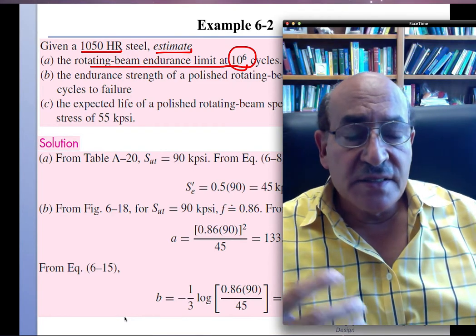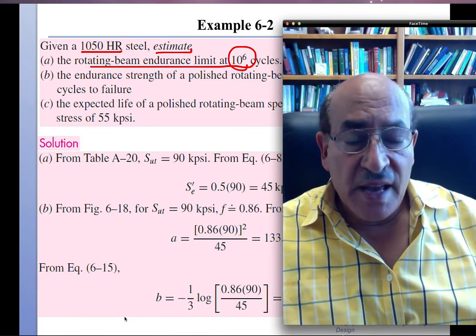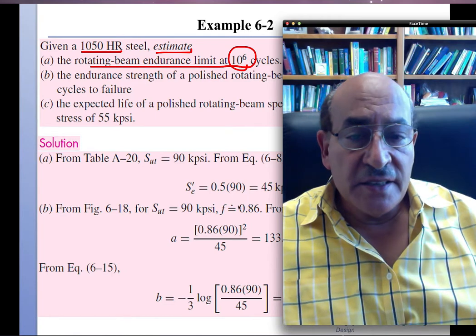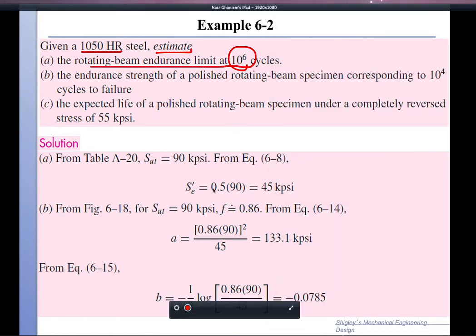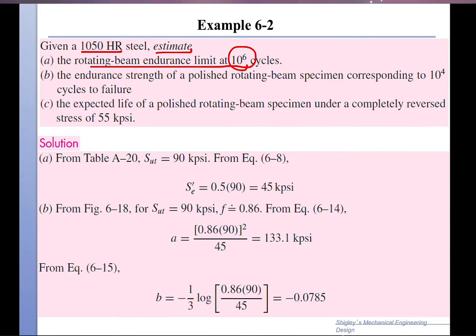That's about 1/2, and that gives me the endurance limit. This is the result as endurance prime, meaning for rotating beam, before we apply any additional factors that connect it to actual practice, which we'll do later.